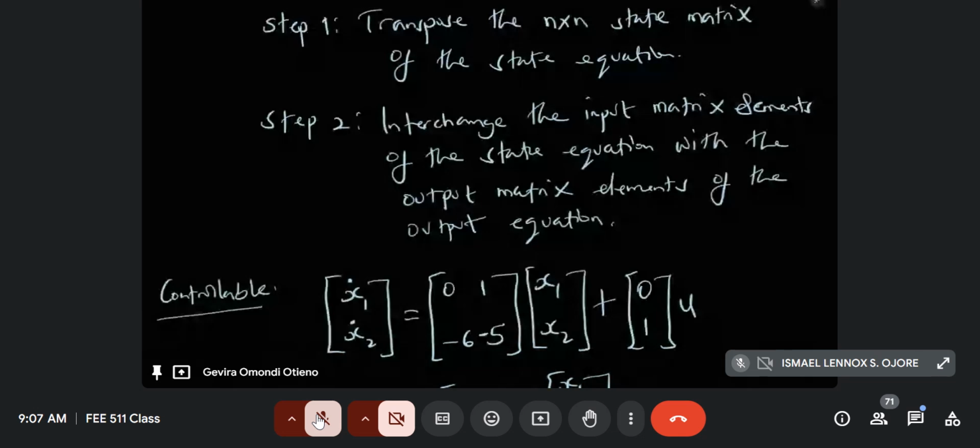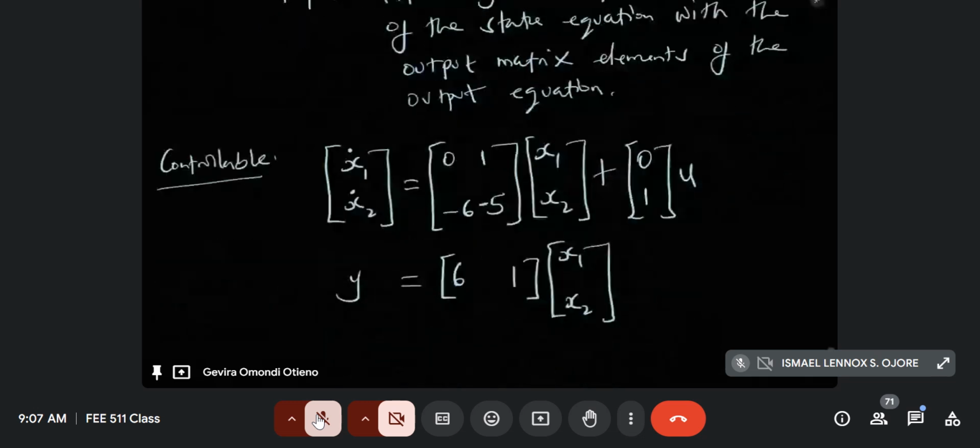Now, I want to believe that we know how to get the transpose of a matrix. So step number 1, we need to transpose this matrix here, the state matrix. And then number 2, we have to interchange the input matrix elements.